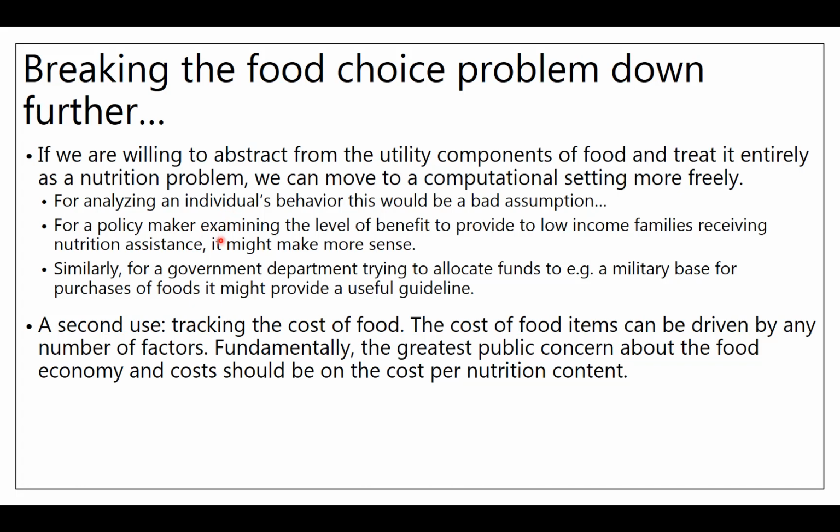But if you were a policymaker trying to decide on the appropriate level of benefit to provide to a low-income family, you might use the nutritional basis. You might say, we have to come up with an estimate of what it costs to acquire the nutritional components that we think they don't have enough income to cover. From there you are probably also looking at providing them a recommendation, which is where the thrifty food model comes from.